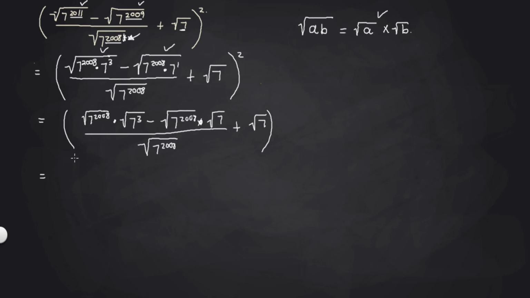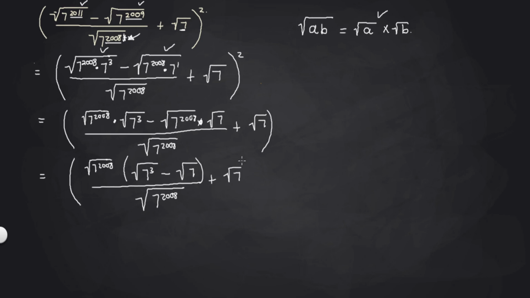We continue. We open up a bracket, then we say the square root of 7 raised to exponent 2008, open bracket. We're going to have the square root of 7 raised to exponent 3 minus the square root of 7, divided by the square root of 7 raised to exponent 2008 plus the square root of 7.